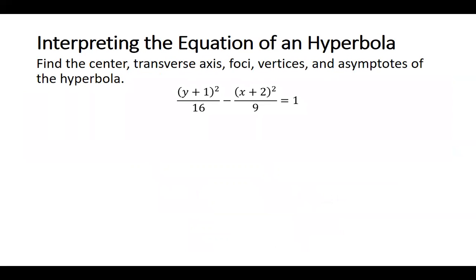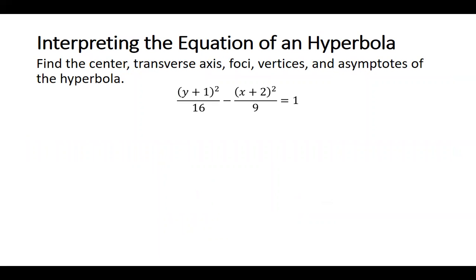So interpreting the equation of a hyperbola. Find the center, transverse axis, foci, vertices, and asymptotes of the hyperbola y plus 1 squared over 16 minus x plus 2 squared over 9 is equal to 1.